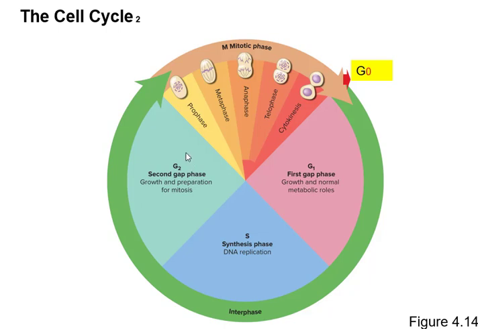Once you get to this phase, so you've gone through G1, S, G2, now you're actually ready to go into mitosis itself. So all of this, G1, S, and G2, is called interphase. It used to be called the resting phase, which is such a misnomer because the cell is very, very, very, very busy at this point in time.